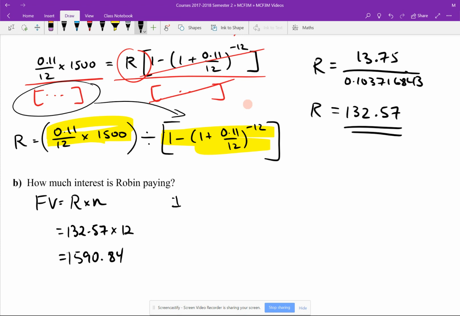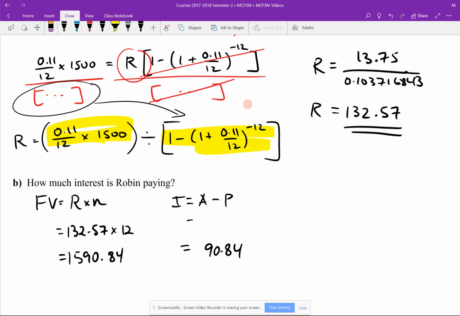So the interest equals A minus P. The amount of money that she had to pay back, $1,590.84, minus the amount of money that she borrowed to buy the bike, $1,500, is $90.84. That's the amount of money she has to pay. Sorry, I should reverse these.